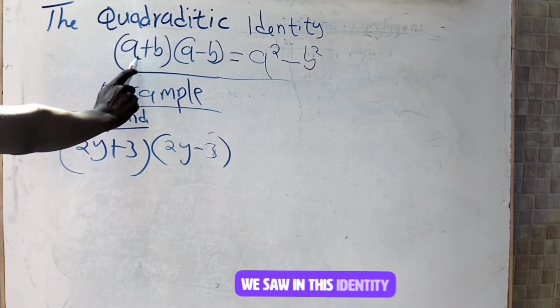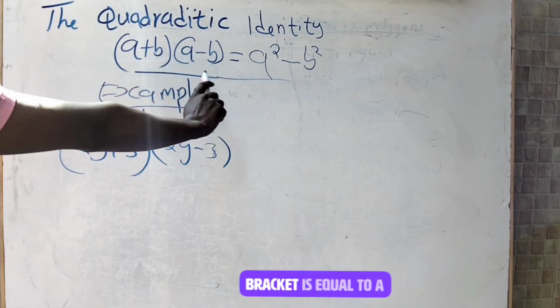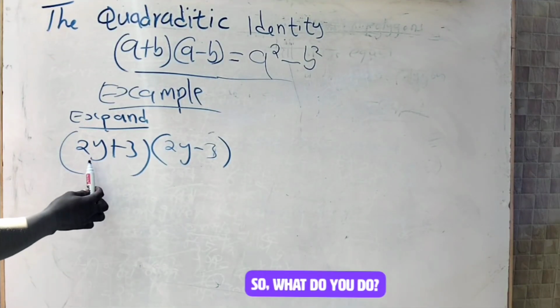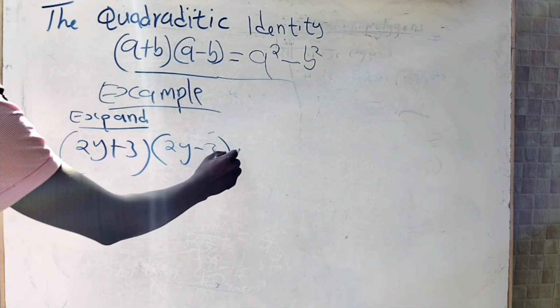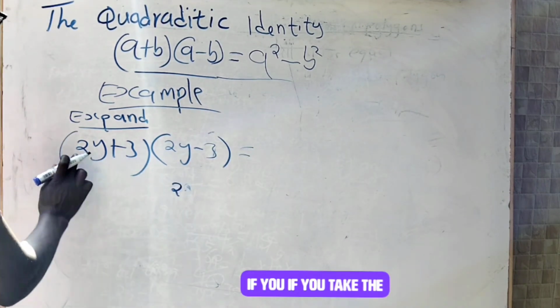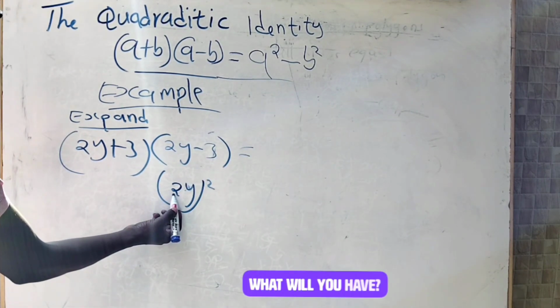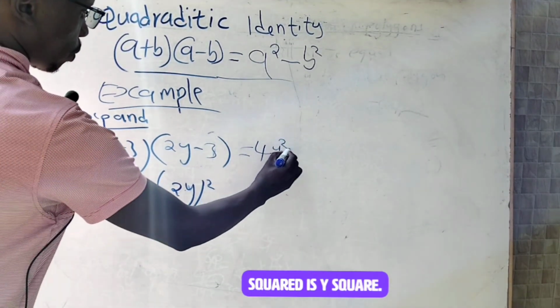We saw in this identity that a plus b bracket a minus b bracket is equal to a squared minus b squared. So we just square the first element, which is 2y. 2 squared is 4, and y squared is y squared.